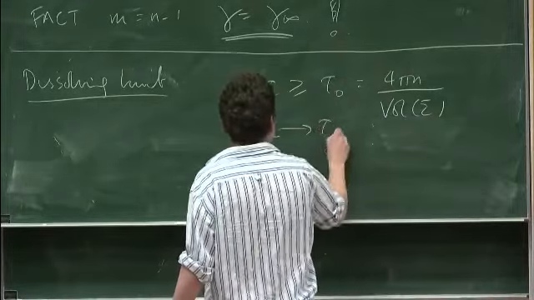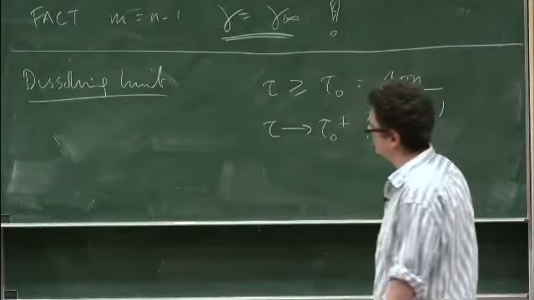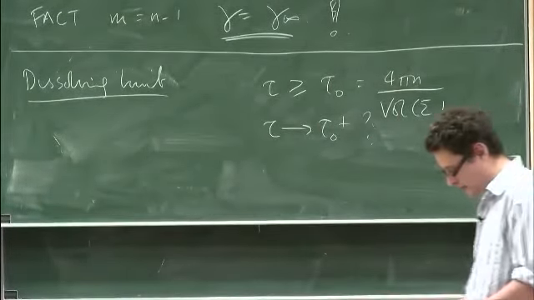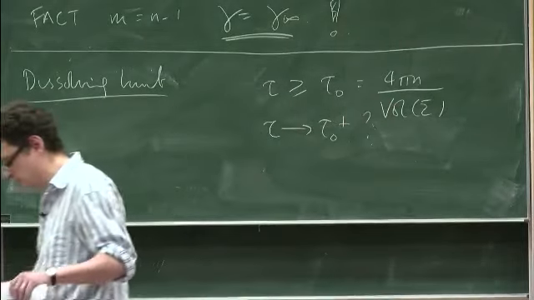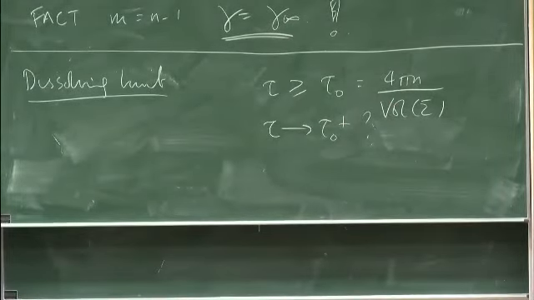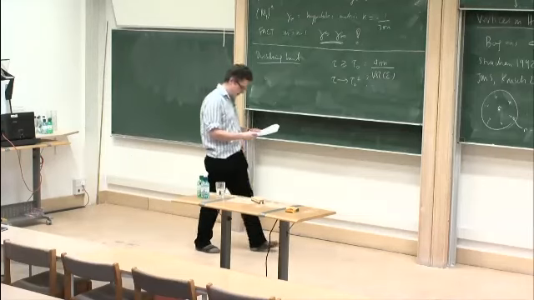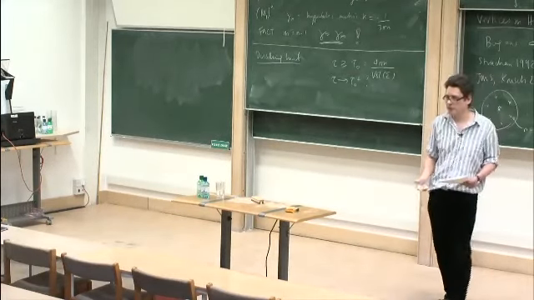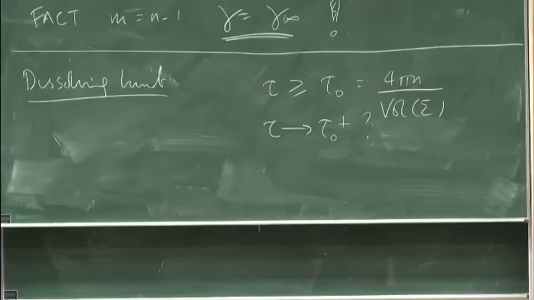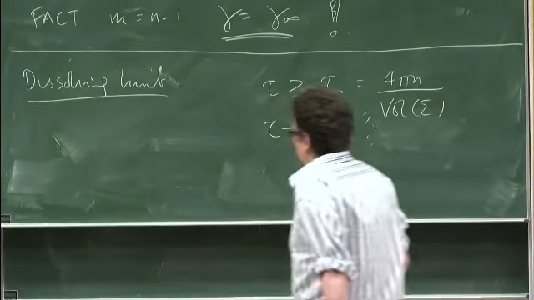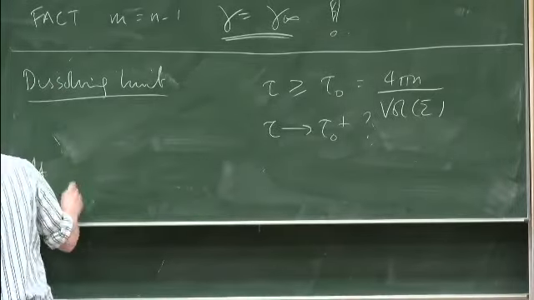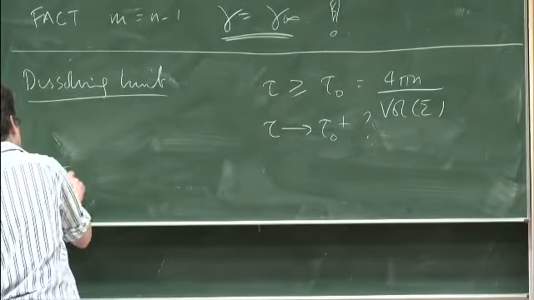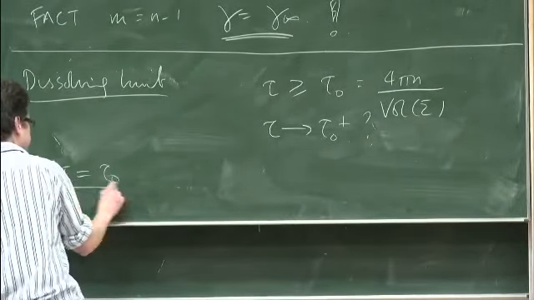What happens when tau tends to 0 from above? The so-called dissolving limit. Now the vortices spread out, and essentially they fill the entire space. The space is only just big enough to accommodate them. So thinking of them as point particles is going to be completely inappropriate, and one's physical intuition is not so much use.